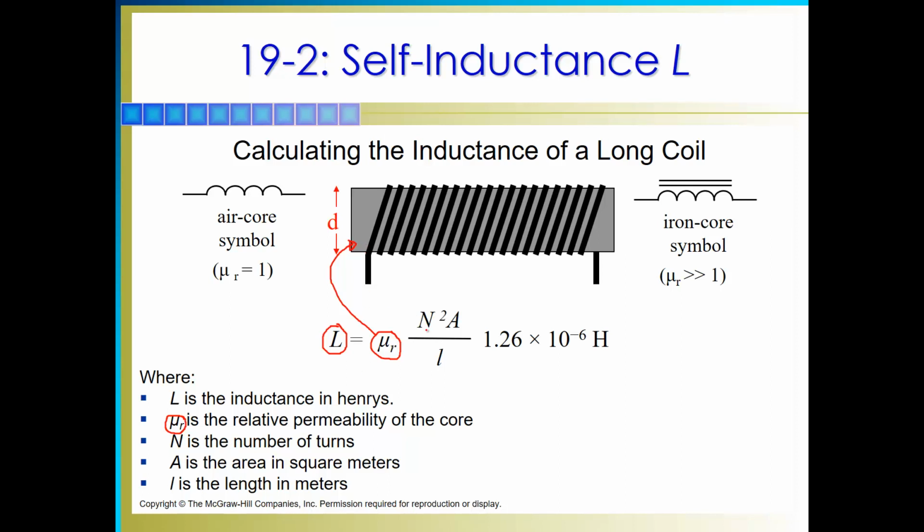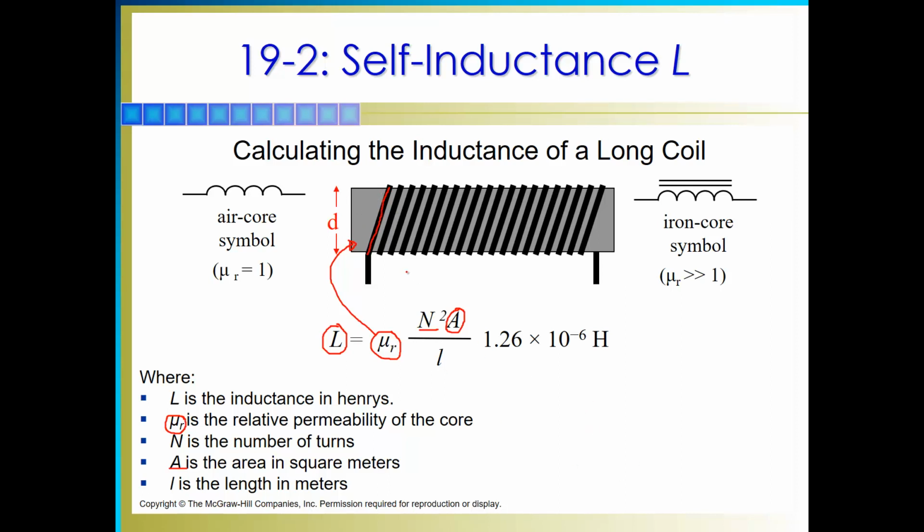The N in this formula, this N right here, stands for the number of turns, how many times the conductor is wound around the core. Okay, the area that they're talking about on this formula, this area right here, is the area of the inside of the inductor.